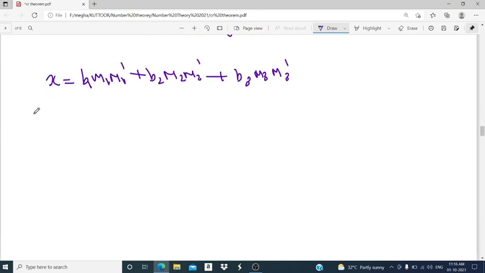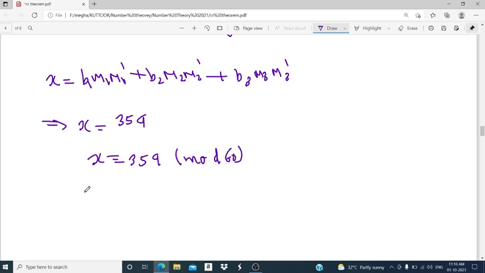Now that implies x equal to 2 into 20 into 2 plus 3 into 15 into 3 plus 4 into 12 into 3, which is equal to 359. Therefore, we can say that all the solutions are of the form x congruent to 359 mod 60, or we can say that x congruent to 59 mod 60.